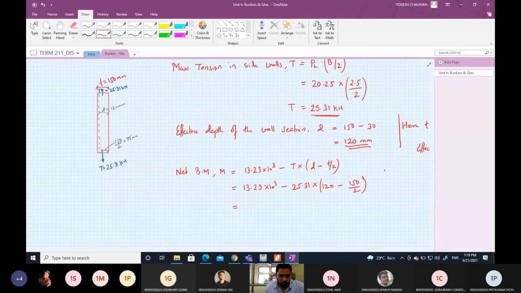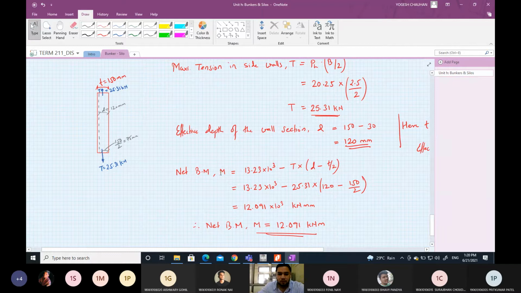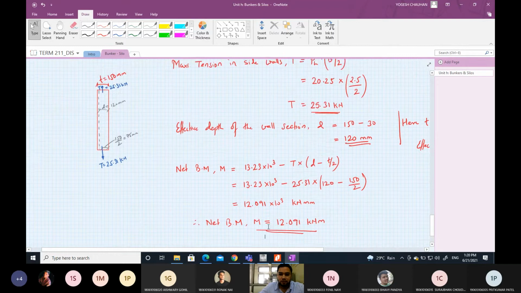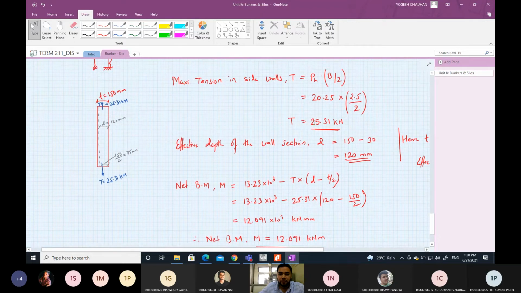That will give you 12.091 into 10 to the power 3 kilonewton mm. So net bending moment, we call this as M, will be equal to 12.091 kilonewton meter. Okay, so the walls will be designed for this much bending moment and this much tension.